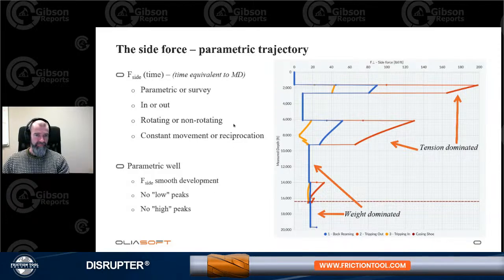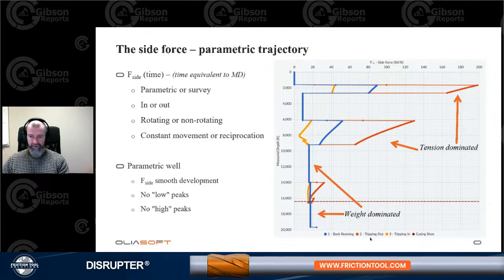As we saw on the previous slide, the side force also depends on whether the well is parametric or surveyed. And of course, it depends a lot on whether you're moving in or out, and that we can see here on the plot on the right side, because here I plotted the side force versus the measured depth. This is how the side forces on the drill string look when we have reached 19,500 feet, I think.